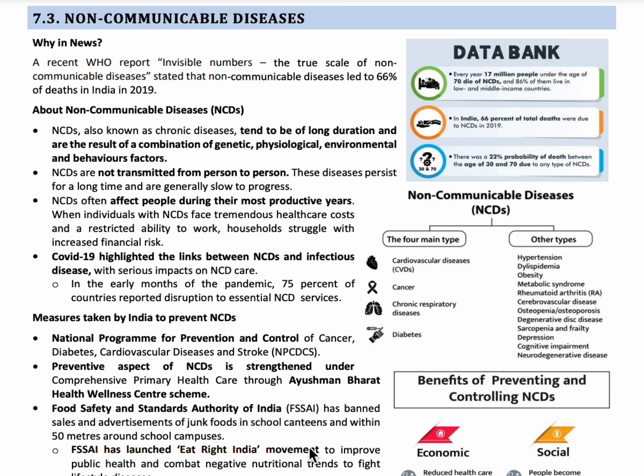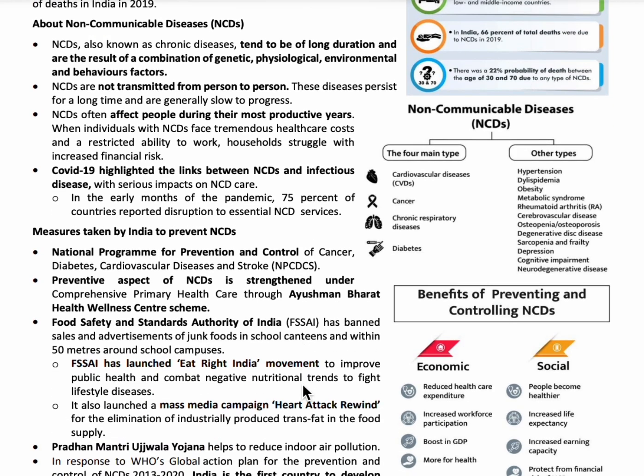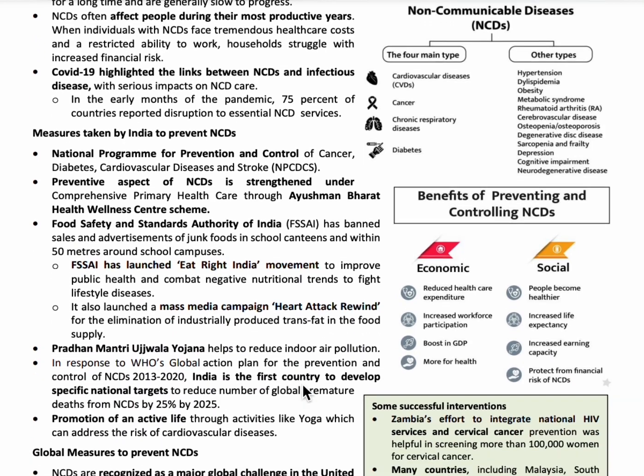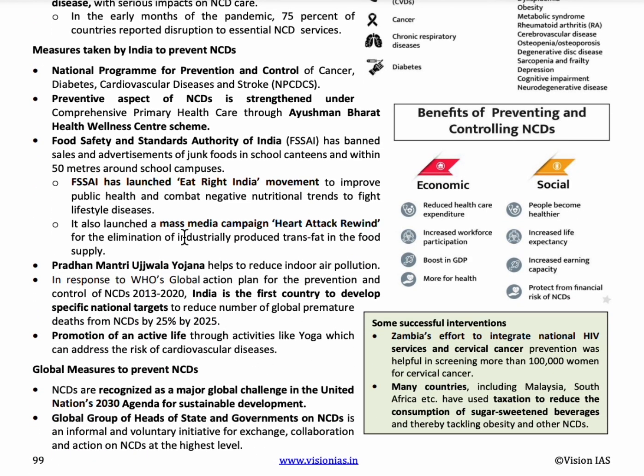Some initiatives taken by the government to prevent the non-communicable diseases are: first is the National Program for Prevention and Control of Cancer, Diabetes, Cardiovascular Diseases, and Stroke. Next is Ayushman Bharat Health Wellness Center Scheme. Next is Pradhan Mantri Ujjwala Yojana to reduce the indoor air pollution.